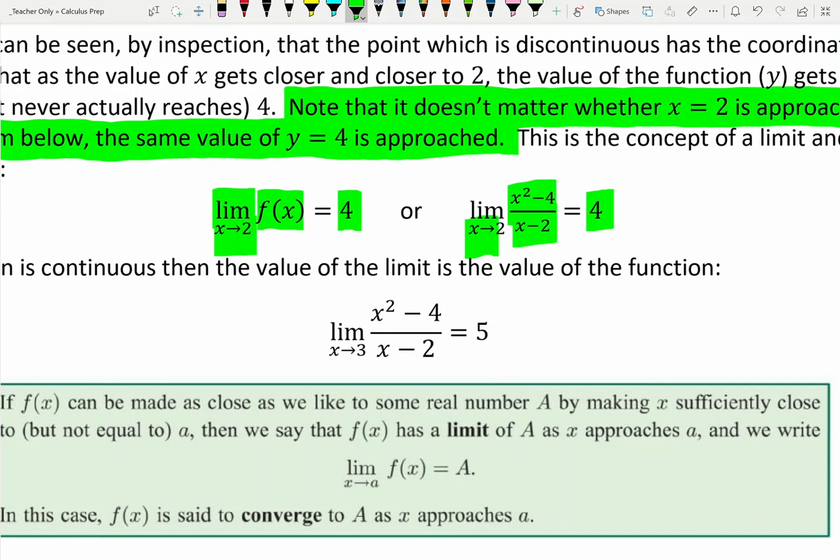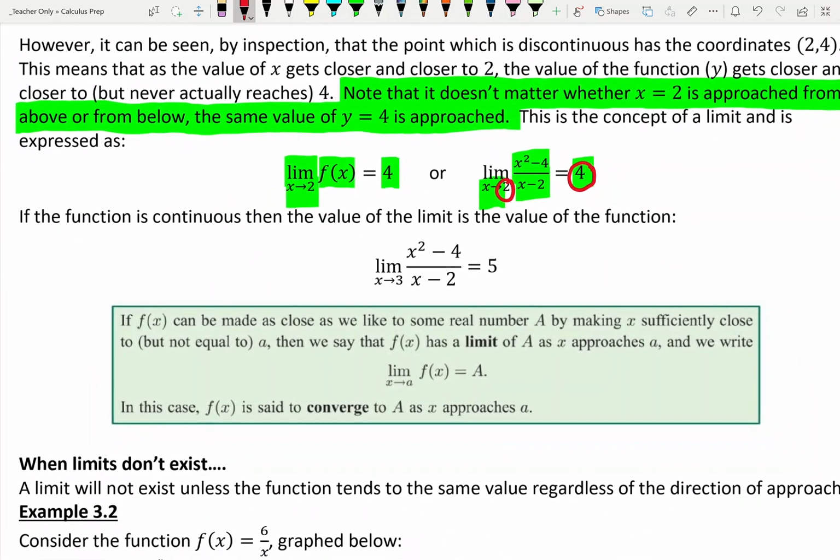Notice that it doesn't mean that the function equals 4 at that point. What it means is, as you get closer and closer to x equals 2, the value of the function gets closer and closer to y equals 4. But because x can't actually equal 2, the function can't actually equal 4.